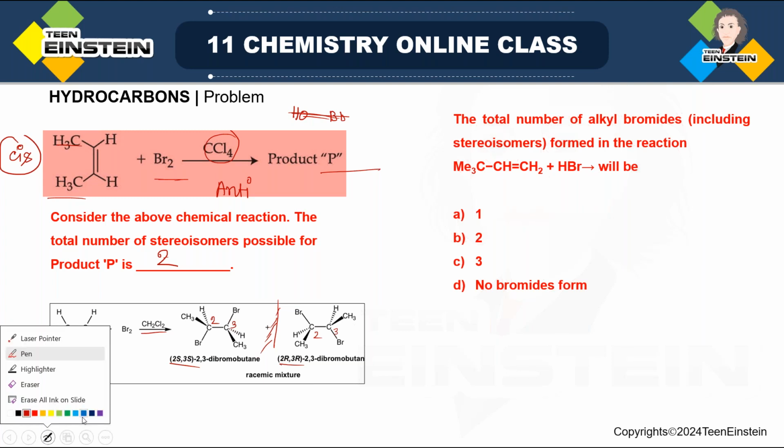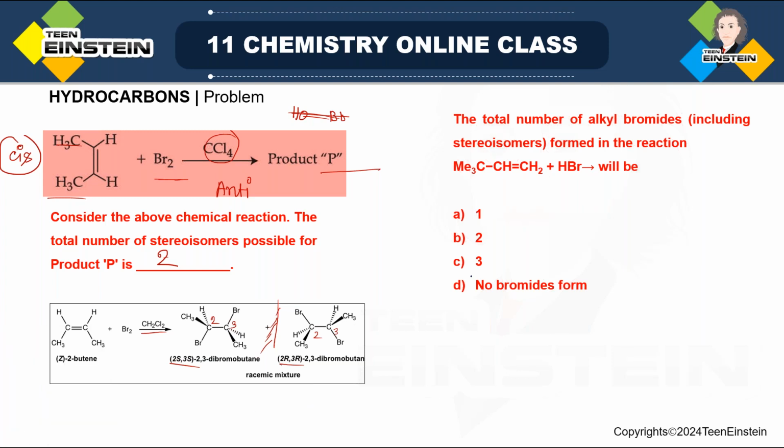Total number of alkyl bromides, including stereoisomers, formed in the reaction. Here, what we will do, we will draw the mechanism. Here we have Me3CCHCH2.